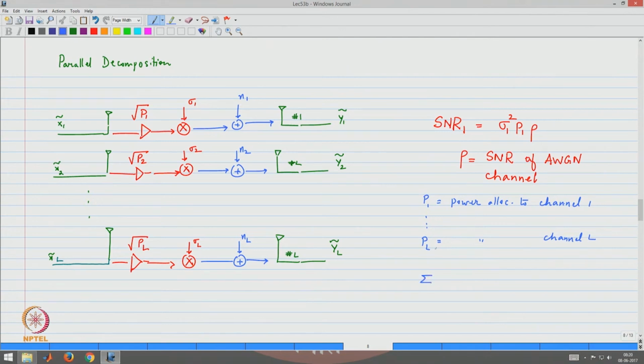So, we say that the summation over i equal to 1 through L of P subscript i must be less than or equal to some value P, which is the total power permitted in our transmission. What we are doing is dividing the total power into P1 through PL, where P subscript i denotes the power transmitted in each of those channels. So, that is the total power that we are allowed to transmit.